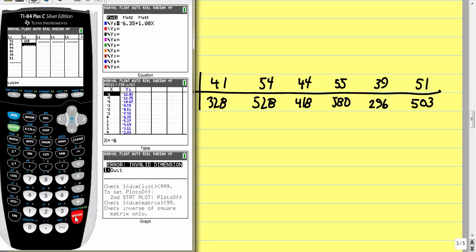And these are my Y values that I'm trying to predict. It's 580, 296, and 503. Now if you notice in your data up here, each one has a corresponding X and a Y value.